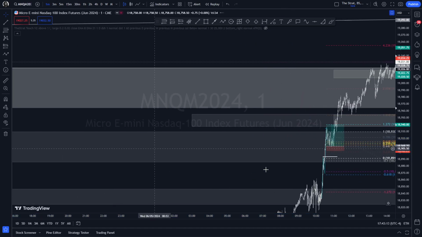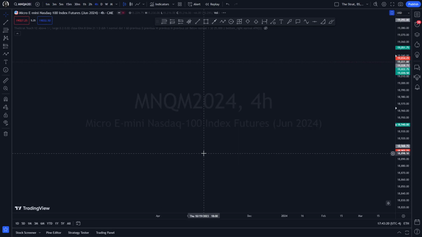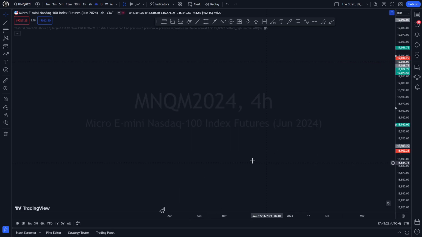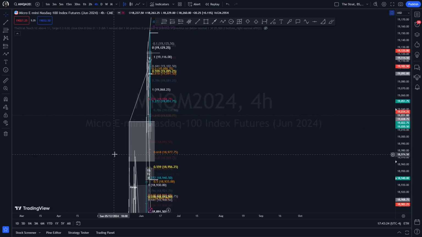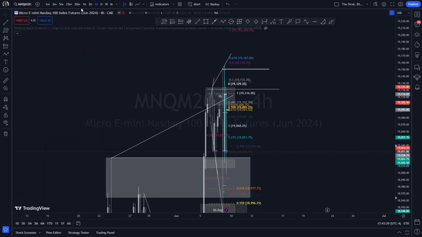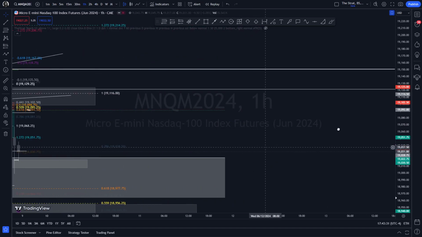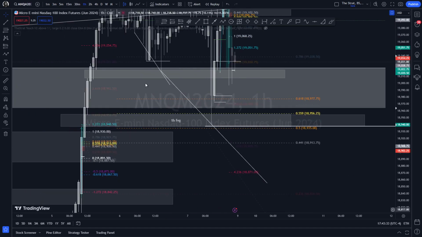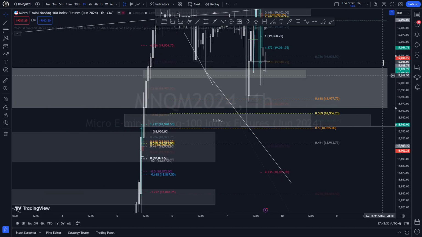The reason I have this big area marked is because it's on a higher time frame. So if you look back, where'd it go? That's why.